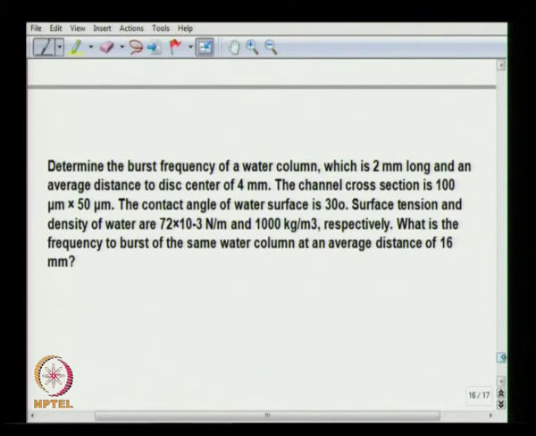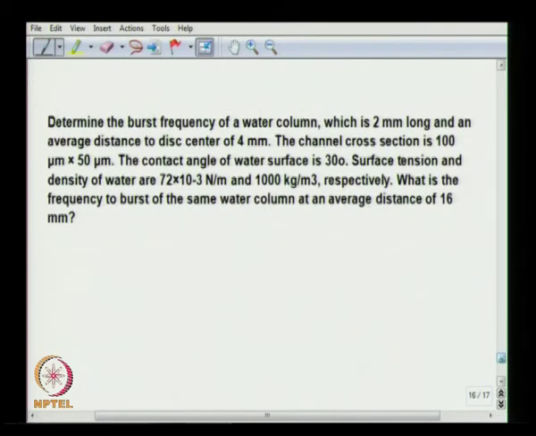So, this is another example, the last example we will consider in this lecture. We want to determine the burst frequency of a water column. We are talking about a centrifugal pump where the column is 2 millimeter long and the average distance to disc center is 4 millimeter.